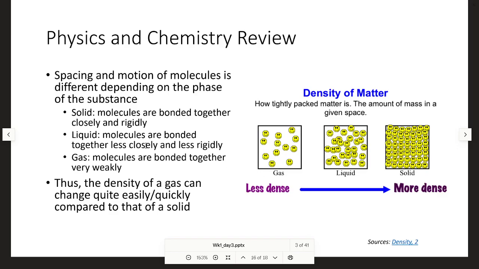But if they're liquid, they're bonded together a little less closely than if they're solid, but they're still bonded together a little bit. That's why you get cohesion. If it's solid, those things are bonded together. It's harder to break a solid, whereas you can run your hand through a gas and it moves the masses apart.